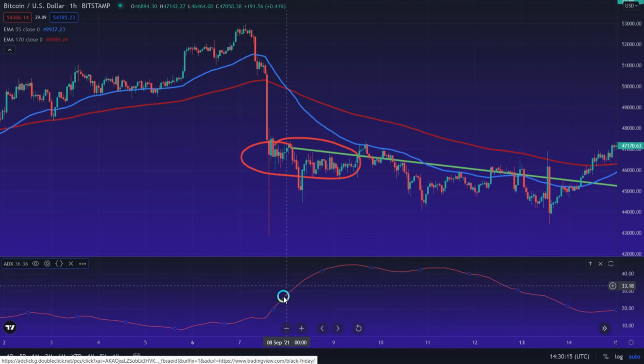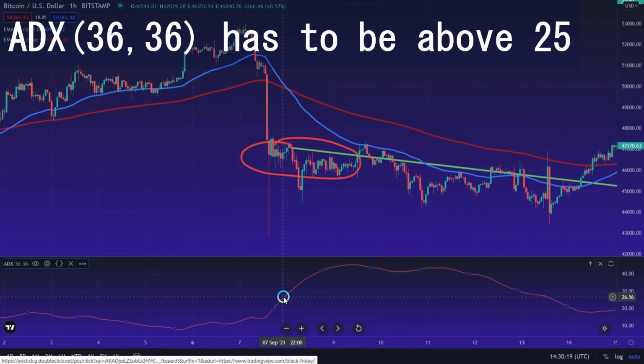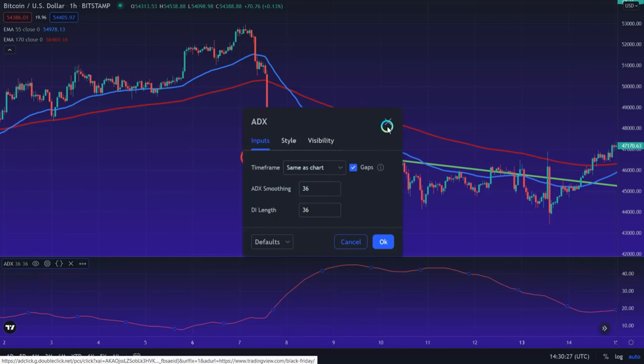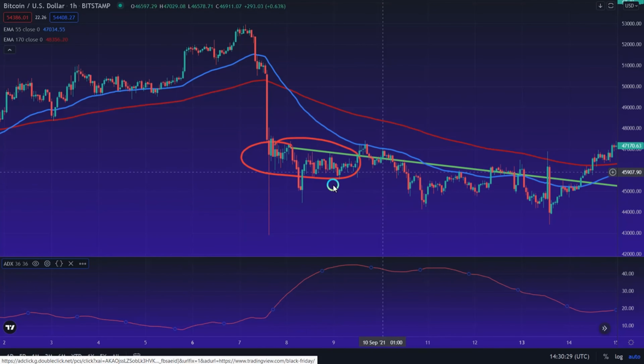And our second condition is when the ADX is above 25, as we did with the buy trade, but with different periods, and that is really, really important for the sell trades, because Bitcoin behaves really differently when it is in an uptrend or in a downtrend.